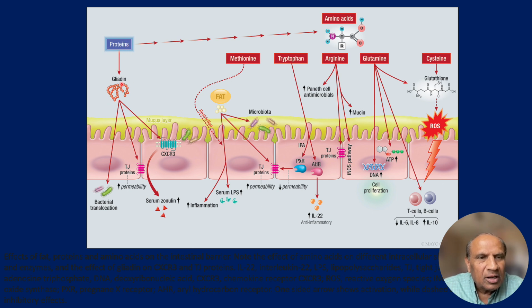One protein, which is gliadin from wheat, rye, and barley, and is the main source of the gluten, tends to increase intestinal permeability and damage the villi, and also increases translocation of bacteria.